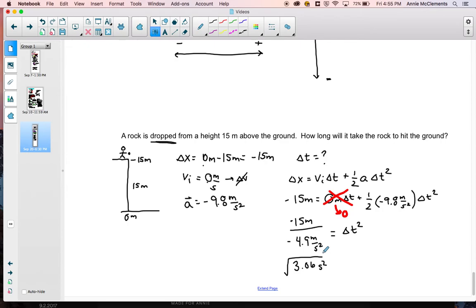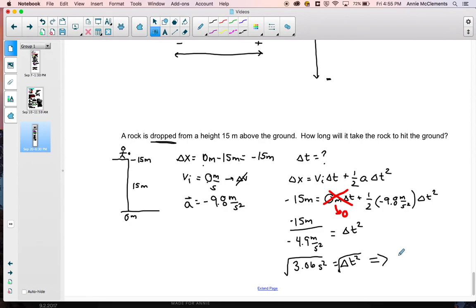Let's get my calculator to work. Let's see, the square root of that is about... right, we squared both sides. The square root of a square is just the regular term.